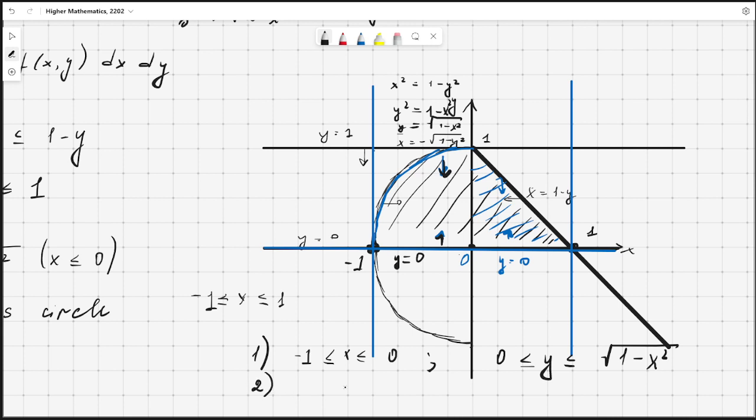The second part, x changes from 0 to 1. In this case, y will change from y is 0 to y is 1 minus x.